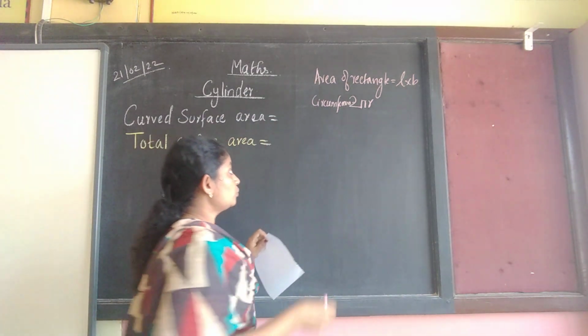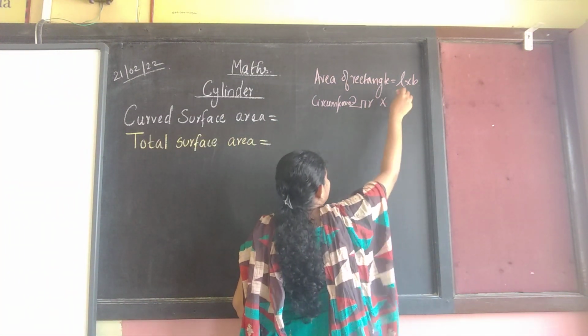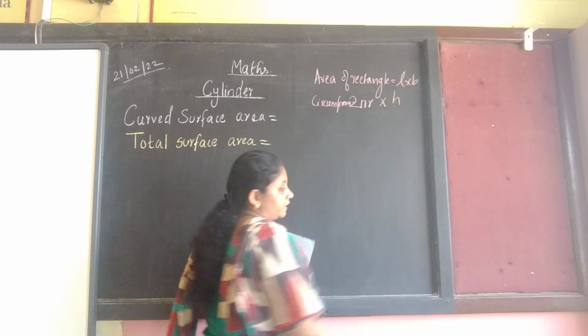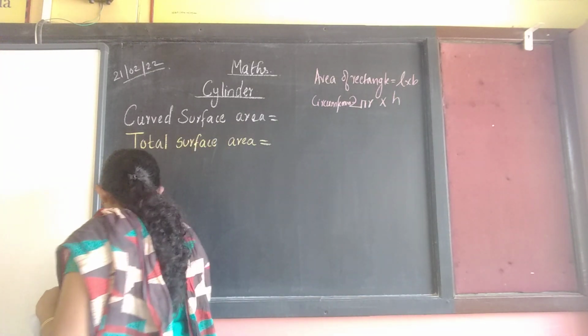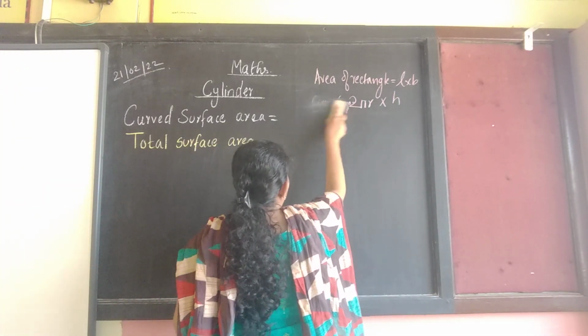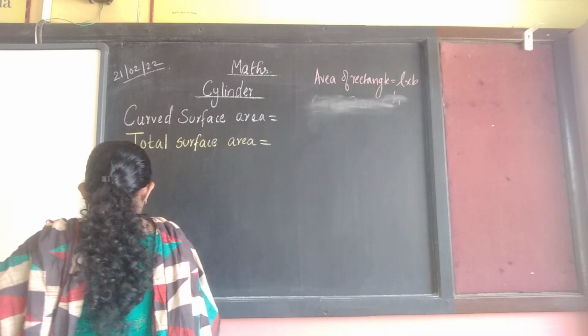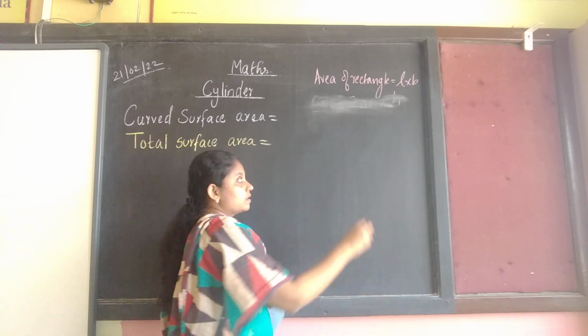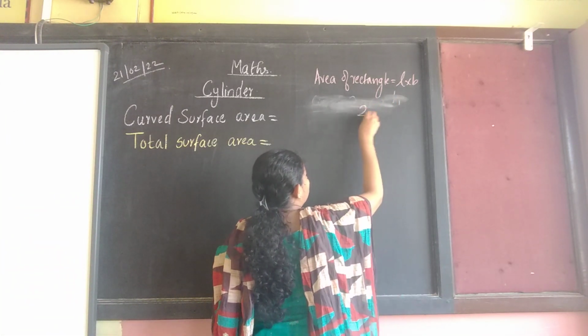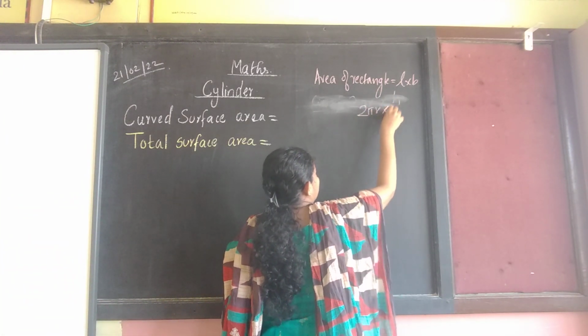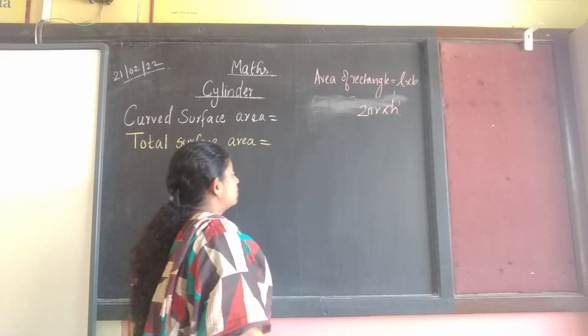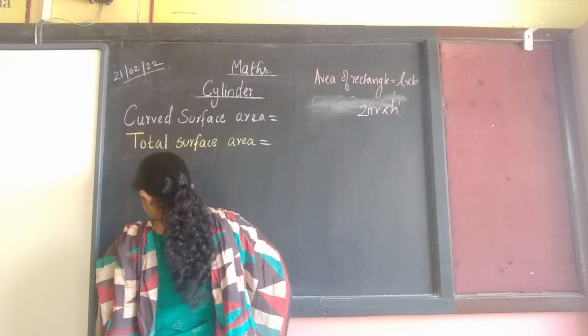So what is length into breadth? 2 pi r into breadth, which is nothing but height over here. So using the formula for area of a rectangle, we get the formula for curved surface area, that is length 2 pi r into height. So that is nothing but, what is the formula for area of a circle?